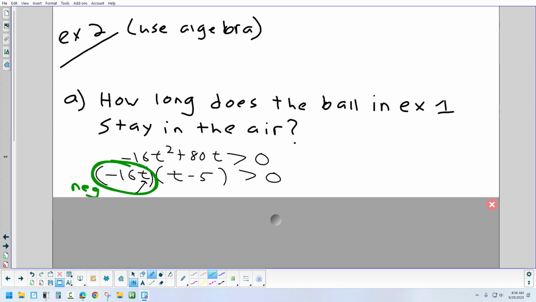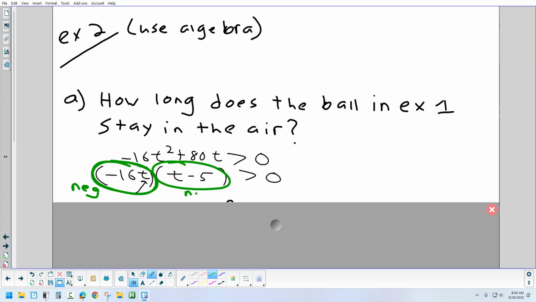So that's a negative. What kind of number would this have to be in order to get a result that's greater than 0? Yeah? Negative. That has to be a negative. Right? It has to be. You have no choice about this being negative. So if you want to get a positive answer, you've got to do a negative times a negative.